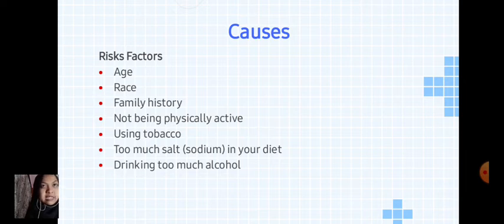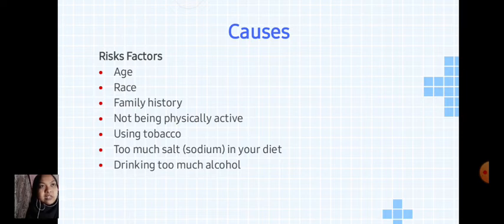And then drinking too much alcohol. Over time, heavy drinking can damage your heart. Having more than one drink a day for women and more than 2 drinks a day for men may affect your blood pressure. If you drink alcohol, do so in moderation.